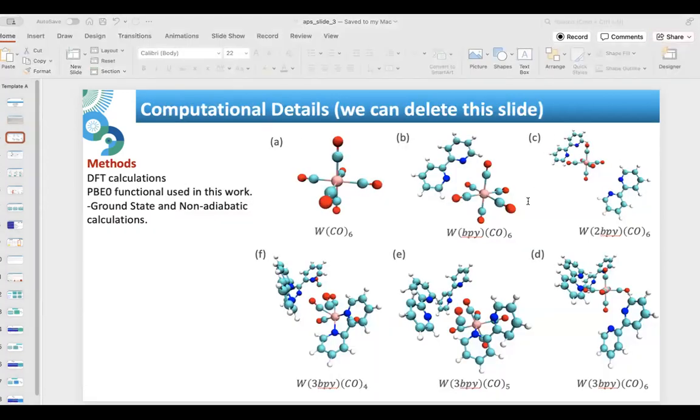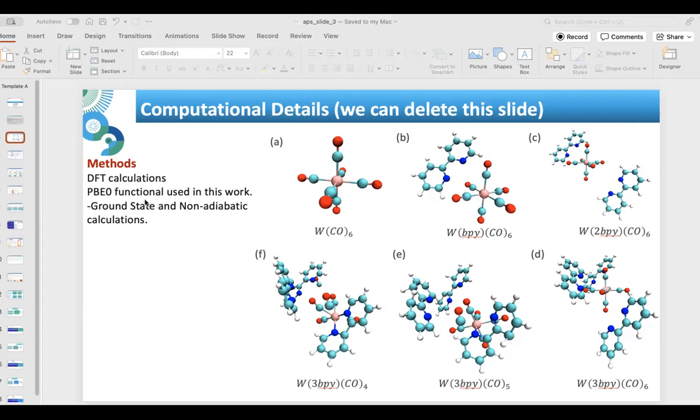So yes, here, these are the models we used. We use 6 different models and try to see which one shows the better photoluminescence properties. And for doing our calculation, we use DFT calculation, and we use the PBE0 functional.